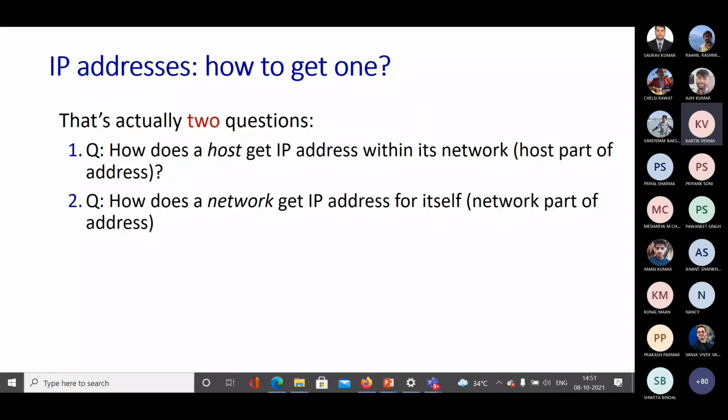But what is the host part? That has to be received. And the second question is, how does a network get an IP address for itself? These are the two questions that need to be answered, and eventually, when we read further in this course, we will find out how to answer them.